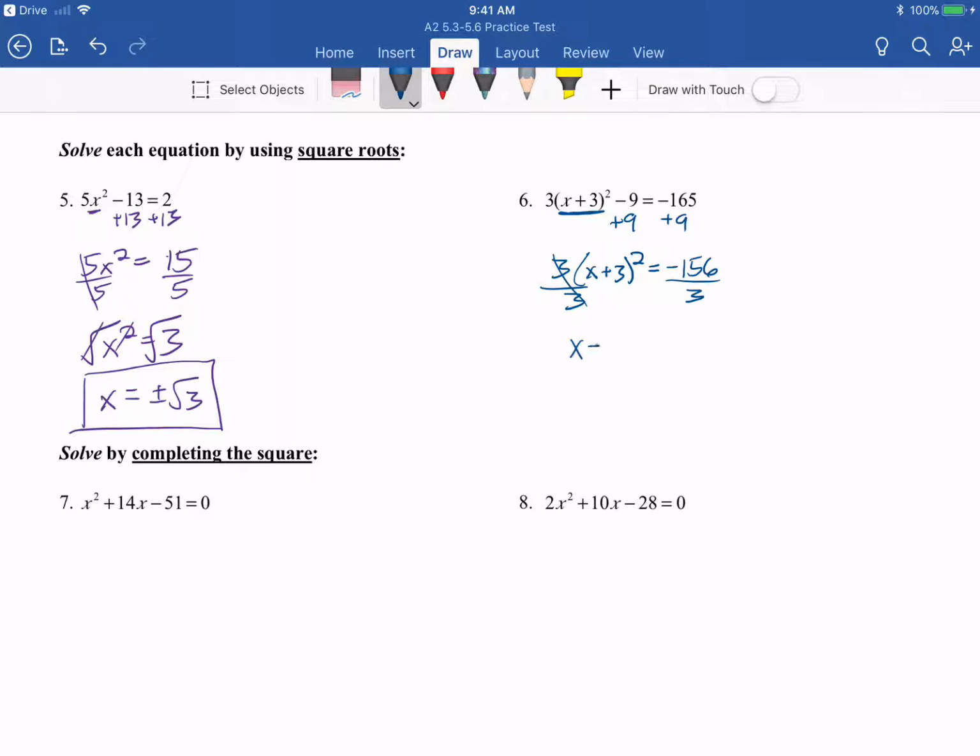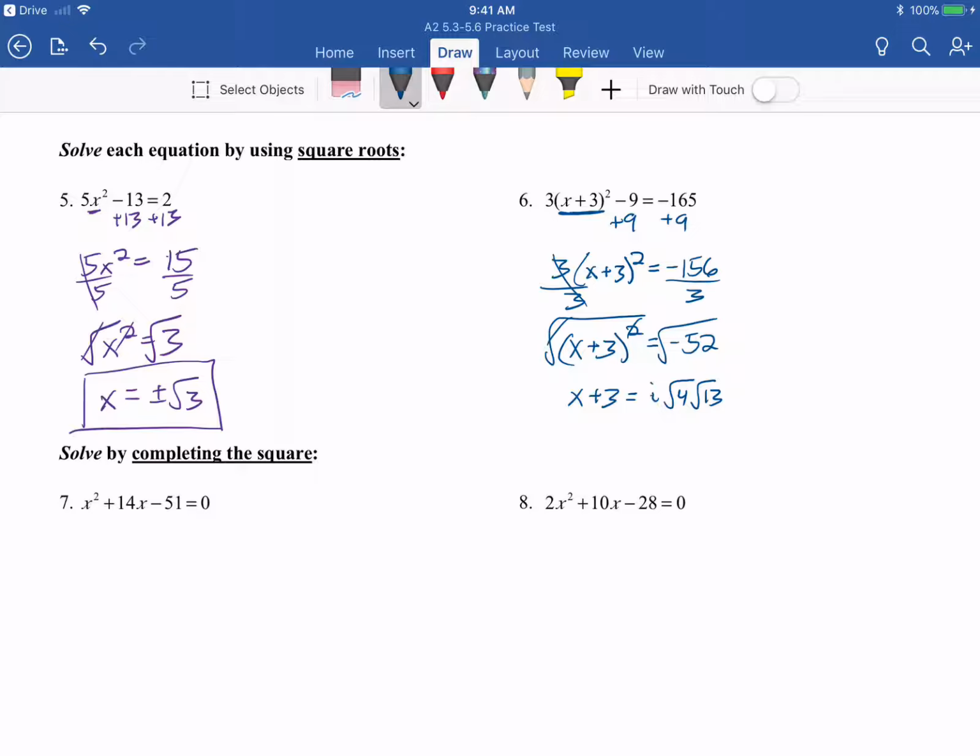So now I have (x plus 3) squared is equal to negative 156 divided by 3, which is negative 52. As I keep going on here, now I can take the square root to cancel out that square. So now I have x plus 3 is equal to the square root of negative 52. I know out of there I'm going to have to break out an i, and I also know 52 can break into 4 and 13.